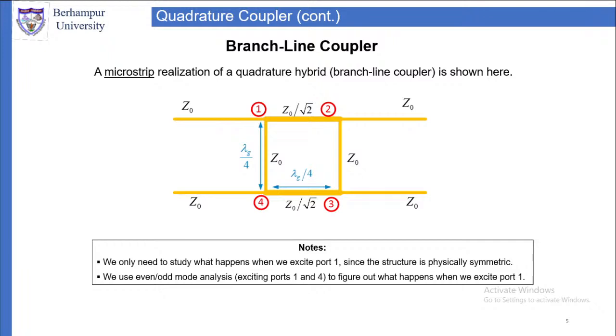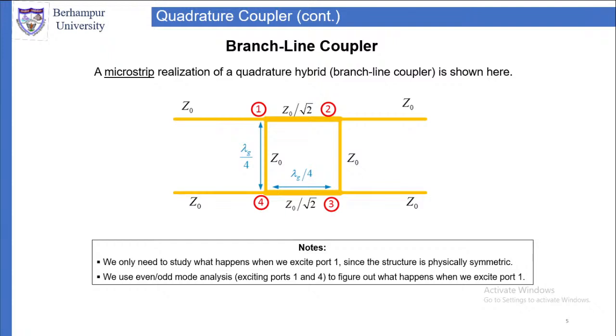The part that has come from junction 1 to junction 4 directly has travelled a distance of lambda g by 4. Now phase difference is equal to 2 pi by lambda g into path difference.